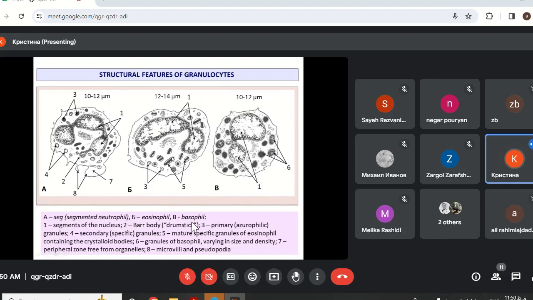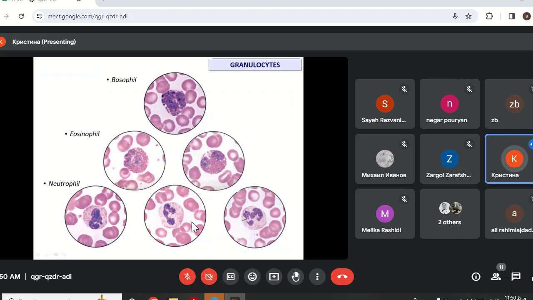So this is called the crystalloid inside specific granules. And basophil also has 2 segments of nucleus with a small bridge and large specific granules. This is how the granulocytes look in the blood smear.